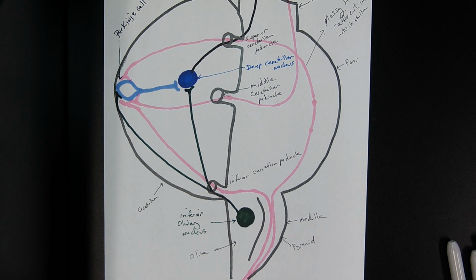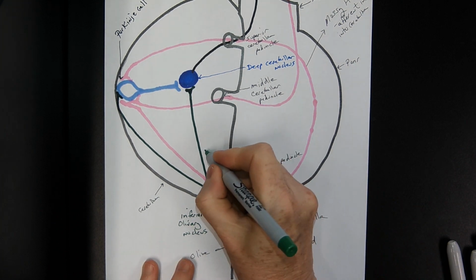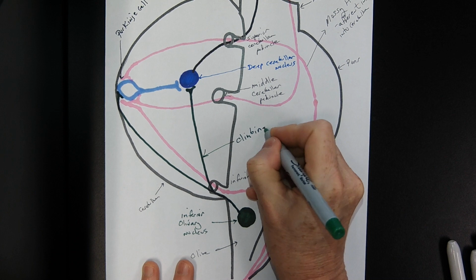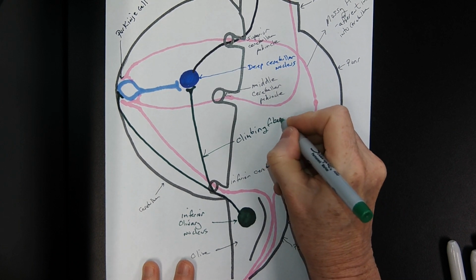So any fibers that come out of the inferior olivary nucleus are the only fibers that make contact with both the Purkinje cell, the information collector, and the deep cerebellar nuclei, the decision maker. What do you think? And these are called climbing fibers, as opposed to mossy fibers.